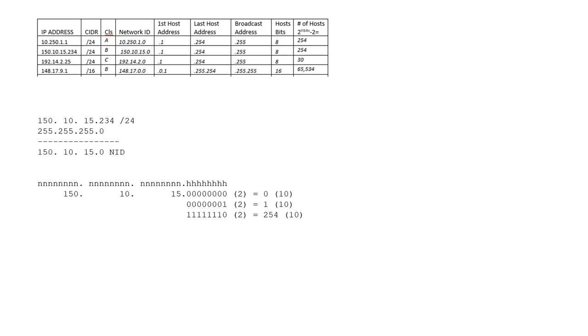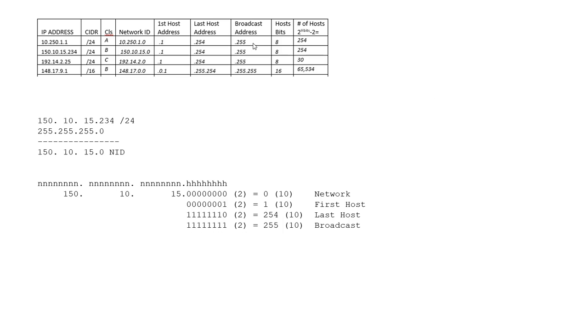And then finally, our broadcast address is going to be 8 ones, which is 255 in decimal. So that's our broadcast, last host, first host, and our network ID.